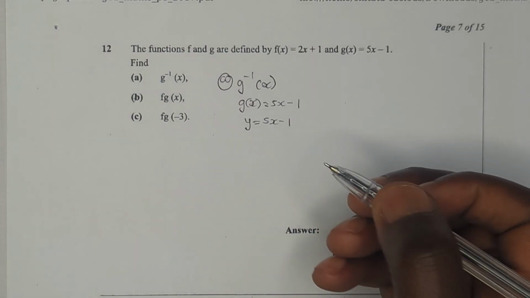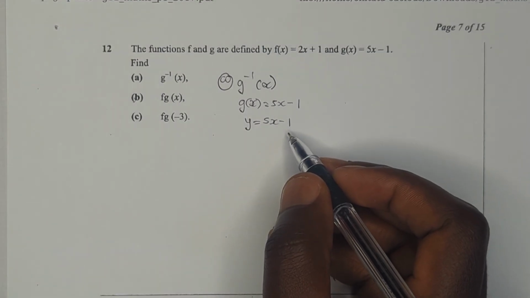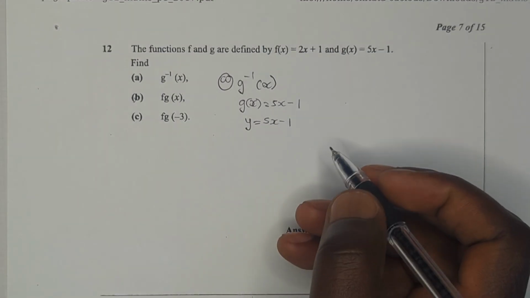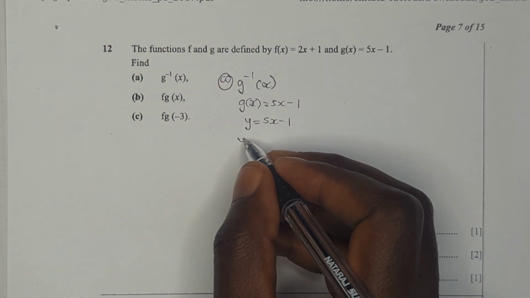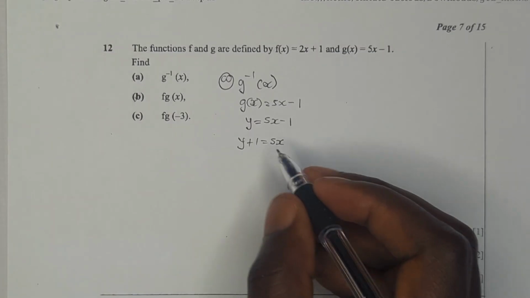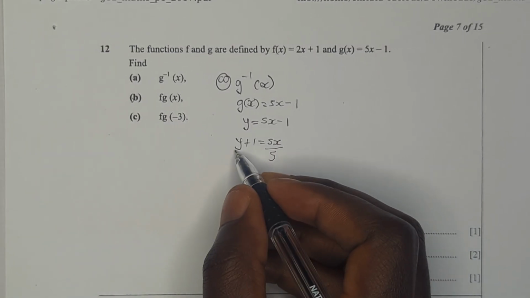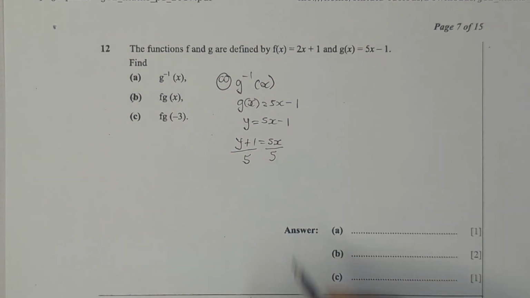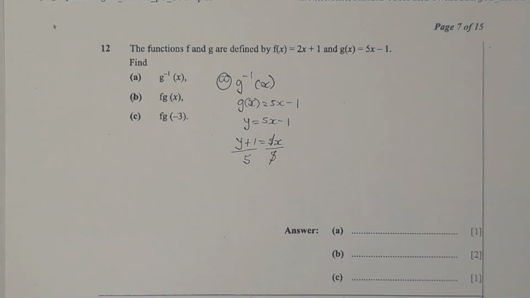To make x the subject of the formula, this -1 will cross the equal sign. As it crosses the equal sign, it becomes positive. So this will be y plus 1 is equal to 5x. We divide both sides by 5, so this 5 and this 5 cancel.